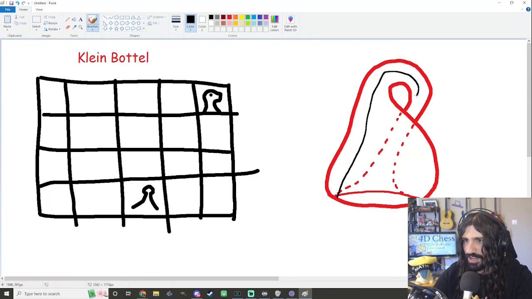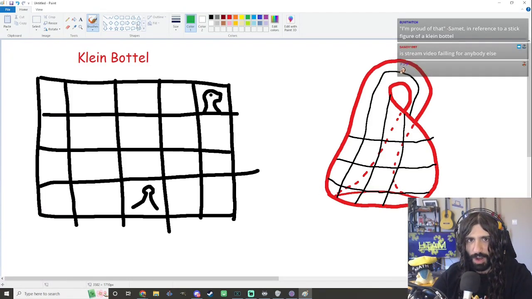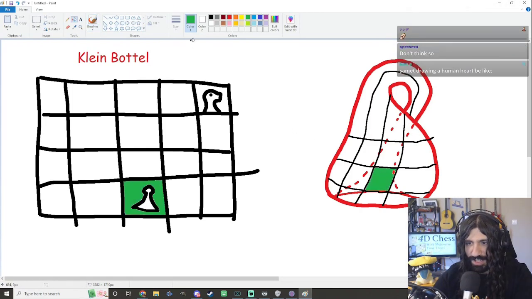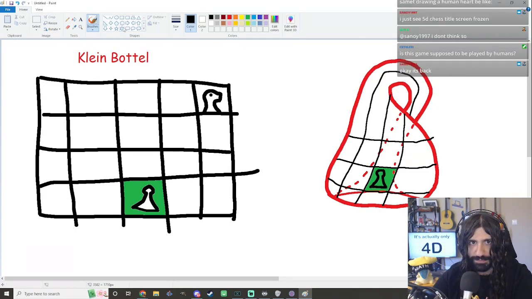Okay, so there's a grid here that's the checkerboard, and we'll only do a little bit of this. It's hard to draw non-orientable spaces, okay? Like, cut me a break. And so all I want, you can visualize that this pawn is here. You know what I mean?